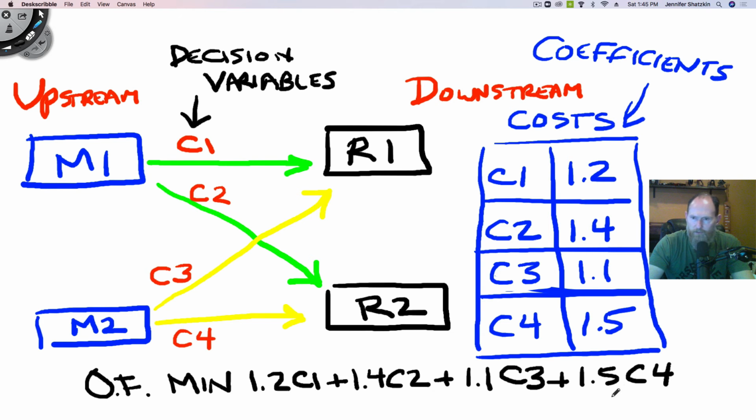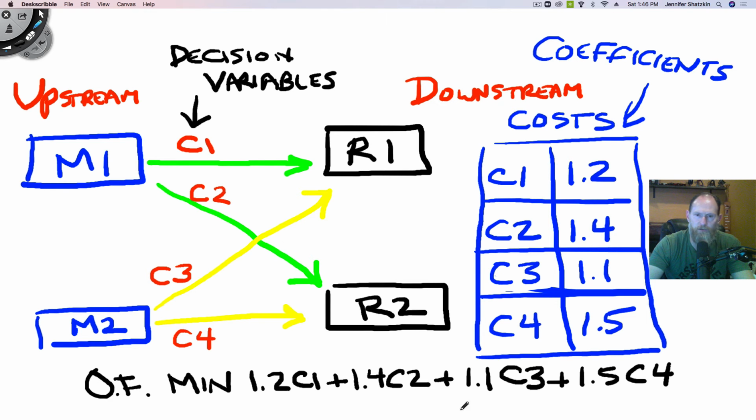Every time, for example, where this is written 1.5 C4, that implies that we're taking the value that Solver is going to find for C4 and multiplying it by that 1.5. Then we're adding it to the value of C3, multiplying that by 1.1, and so on and so forth.